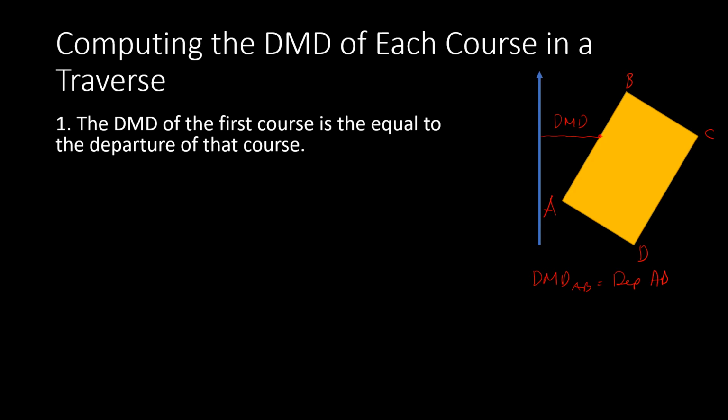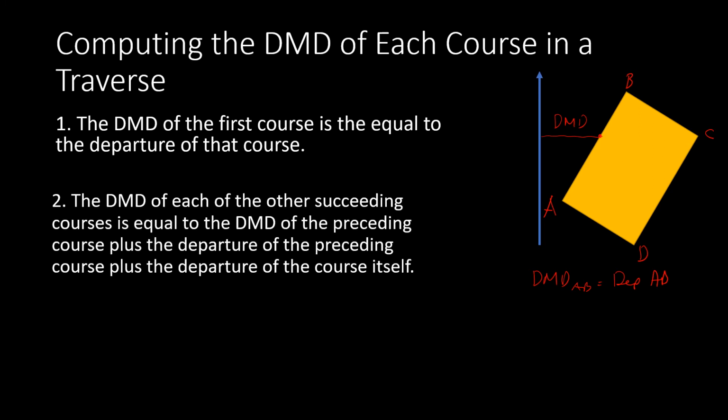Next, the DMD of each of the other succeeding courses is equal to the DMD of the preceding course plus the departure of the preceding course plus the departure of the course itself. So proceeding now to line BC. This is the DMD of line BC.